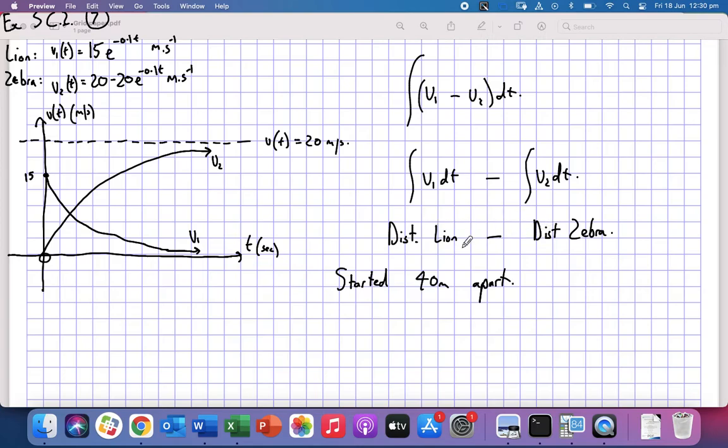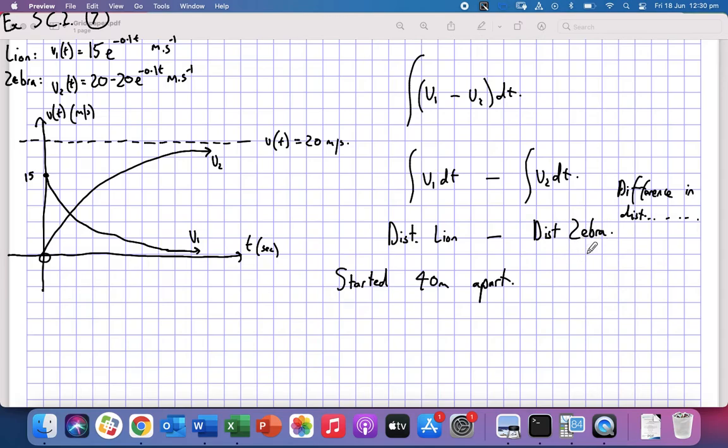To put this into a sentence, I would say the difference in distance that the lion has travelled compared to the zebra.